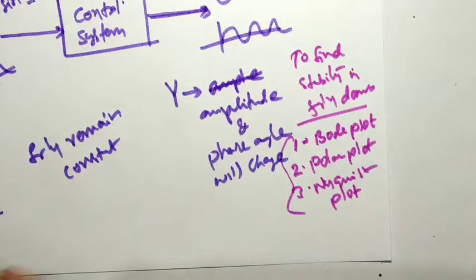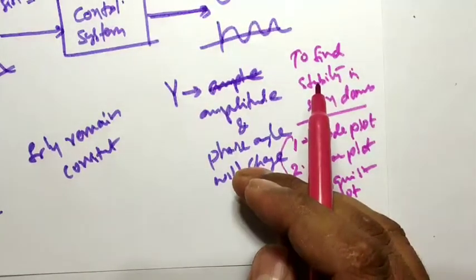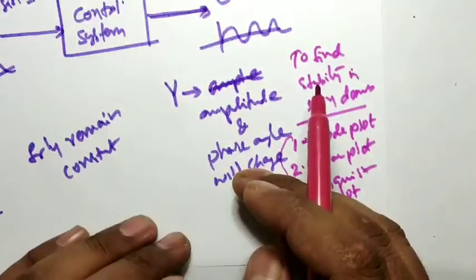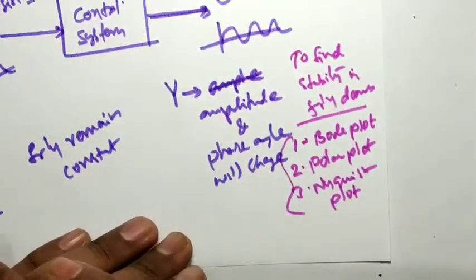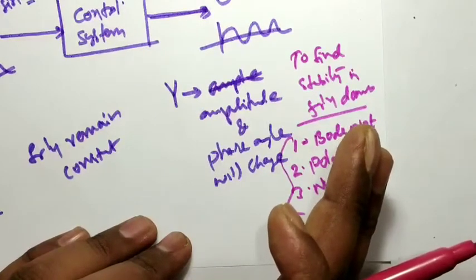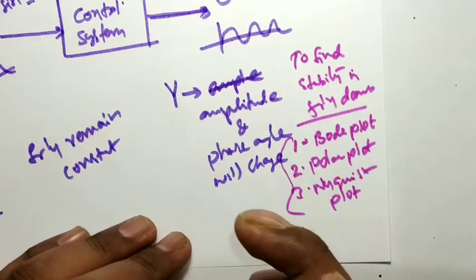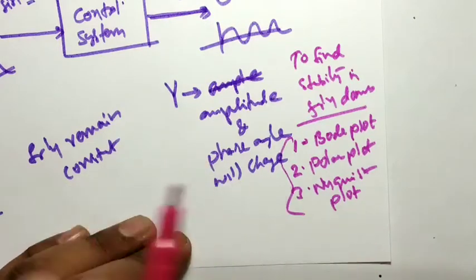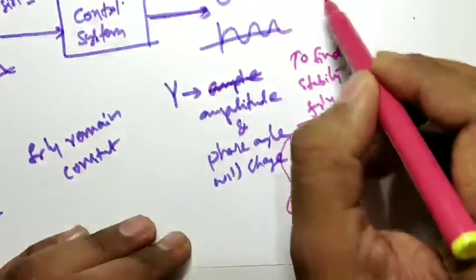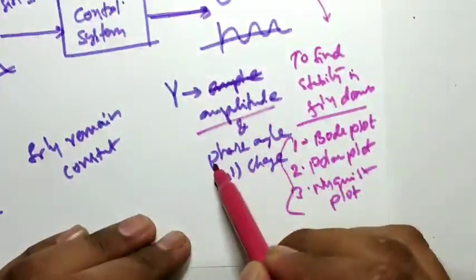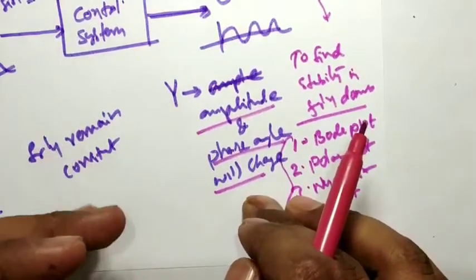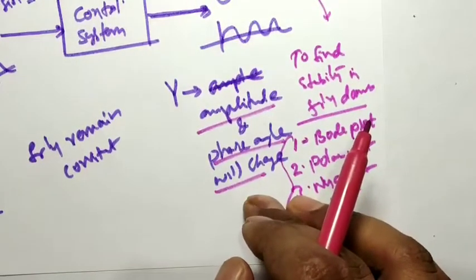Next, one more thing you should remember here. I told you R of S is the input and C of S is the output. If you give a sinusoidal input signal, you will get a sinusoidal output signal. The frequency is the same on both sides, and the only change is in amplitude and phase on the output side. Now how are we going to determine the stability of the system?